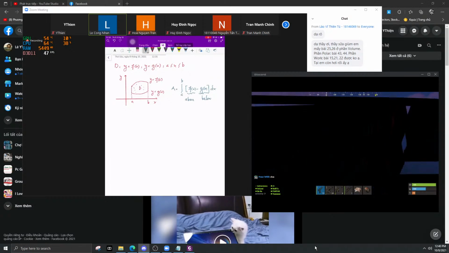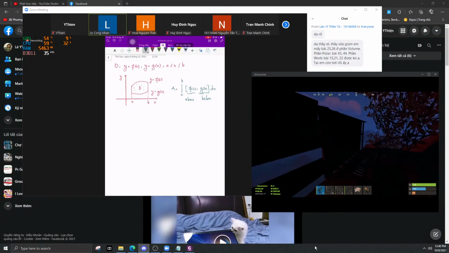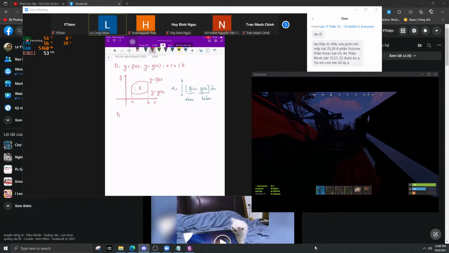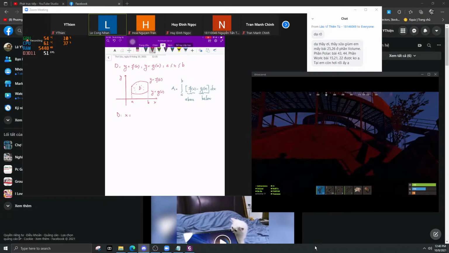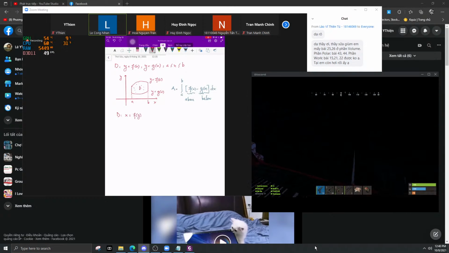Similarly, for the second case, we have the region D bounded by the curves x equals f of y and x equals g of y, for y from c to d.